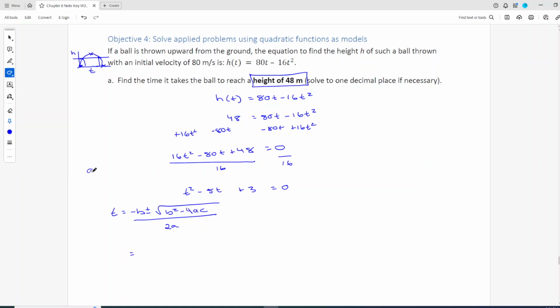Okay, so my a is 1, my b is negative 5, and my c is 3. So we're going to plug in negative 5 makes that a positive, and then negative 5 squared minus 4 times 1 times 3, all divided by 2 times 1. And then we simplify.